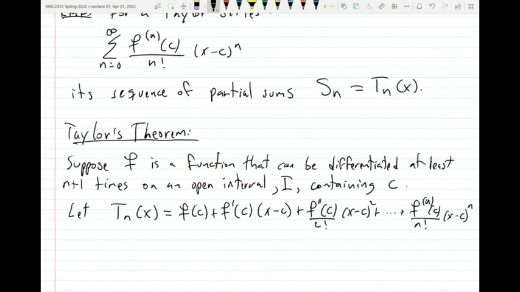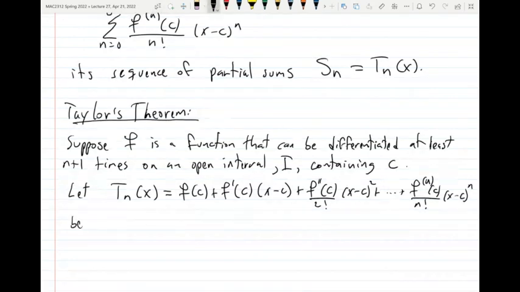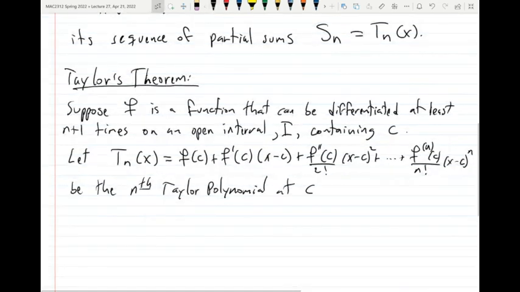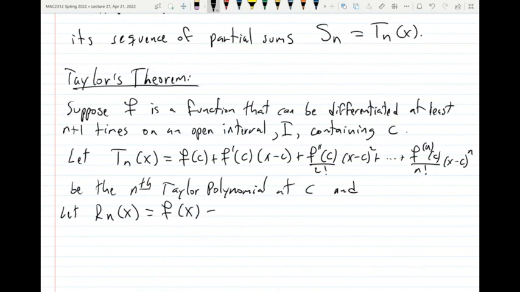So let Tn be the nth Taylor polynomial at c, and let Rn be equal to f of x minus Tn.